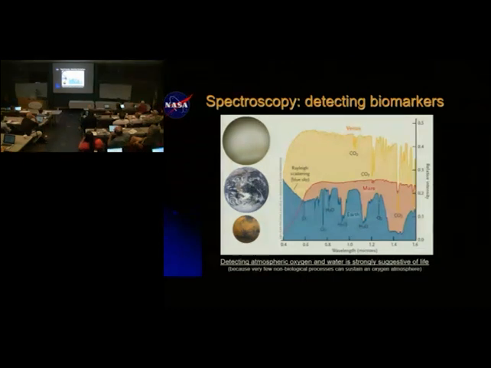But regardless of what you think about how strong of an evidence detecting oxygen or methane or whatever is of life, I think all of us can agree that a spectrum of a planet is a major piece of evidence for the case of life. So it's very important to get these spectra. And direct imaging could get us spectra of planets.